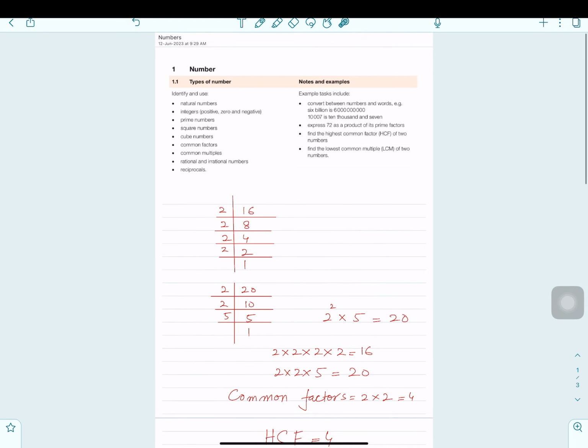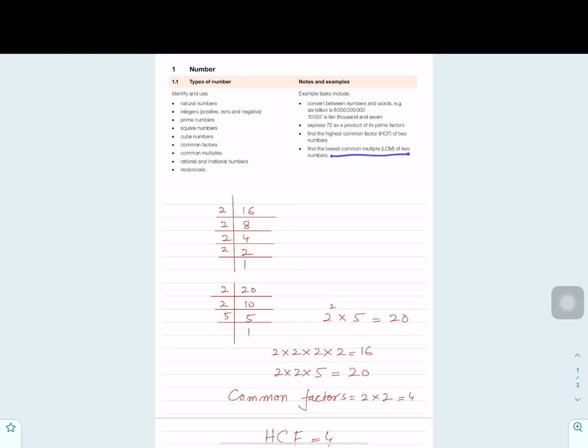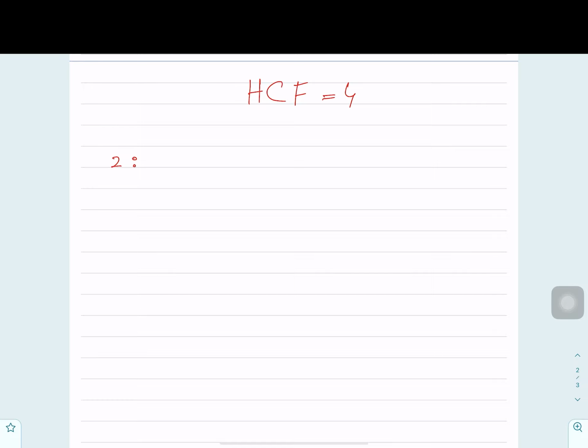Similarly, what is lowest common multiple? To learn what is least common multiple, you need to understand what is multiple. For example, if you have two numbers, let's say 2, and if I ask you to find its multiples, so multiples are 2, 4, 6, 8, 10, 12, 14, and so on.